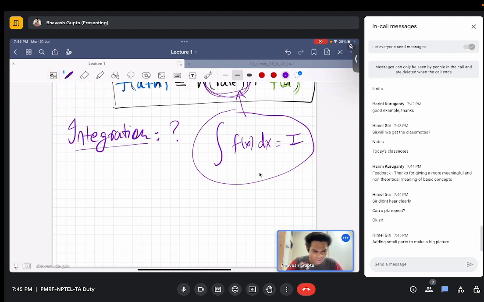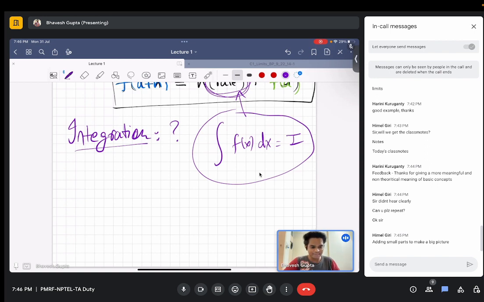Adding small pieces to make a big picture. Yes, you are very close. This is what essentially integration is. You might have heard this line, small milate jao, large banate jao. Keep adding the small parts to make a big picture.